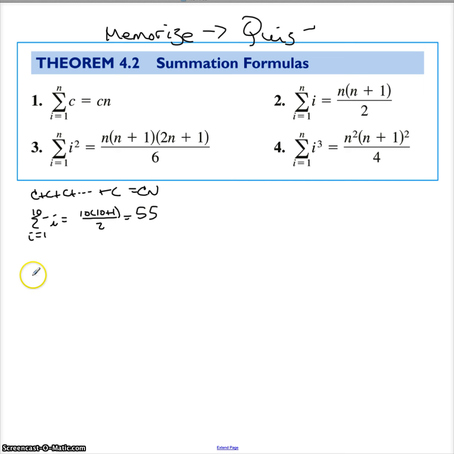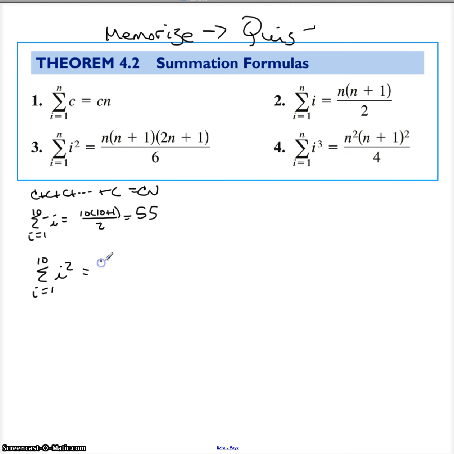For the third one, the sum of i squared is n times n plus 1 times 2n plus 1 over 6. So the sum from i equals 1 to, say, 10 of i squared. So now we're adding 1 squared, 2 squared, 3 squared, 4 squared, 5 squared.